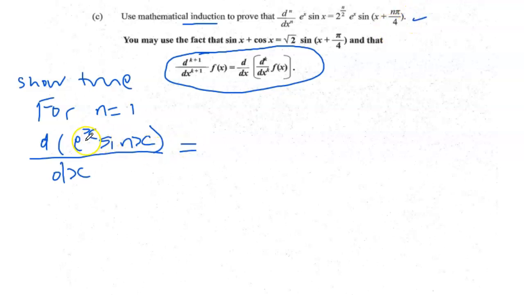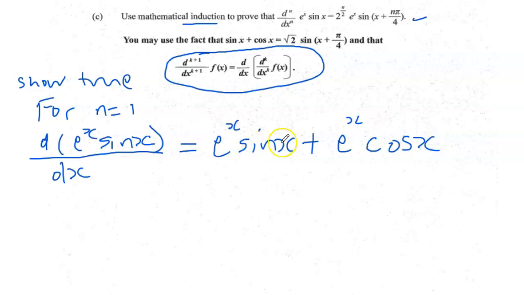Differentiating e to the x times sine x will be a product rule. Differentiate e to the x, we get back e to the x, and we leave the sine x alone. Plus, we're alternating now, so this time we keep the e to the x and differentiate sine x, we end up with cos x.